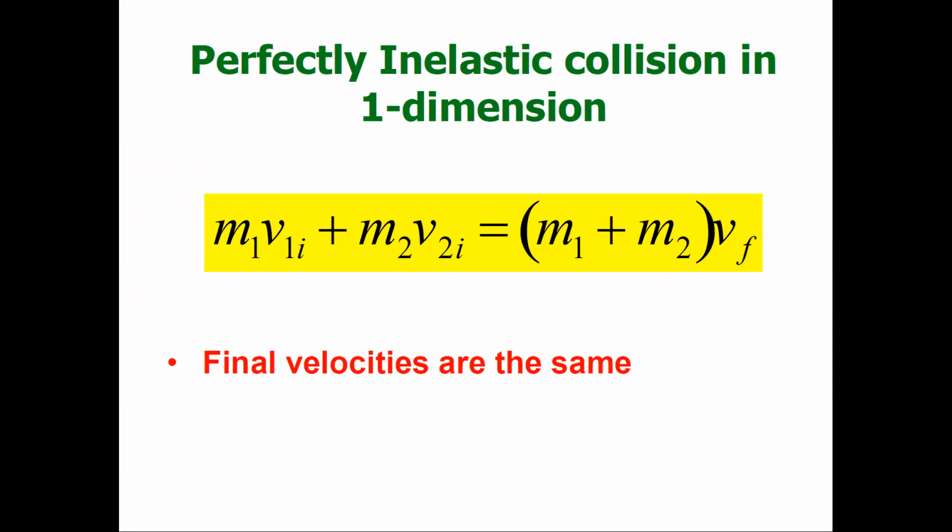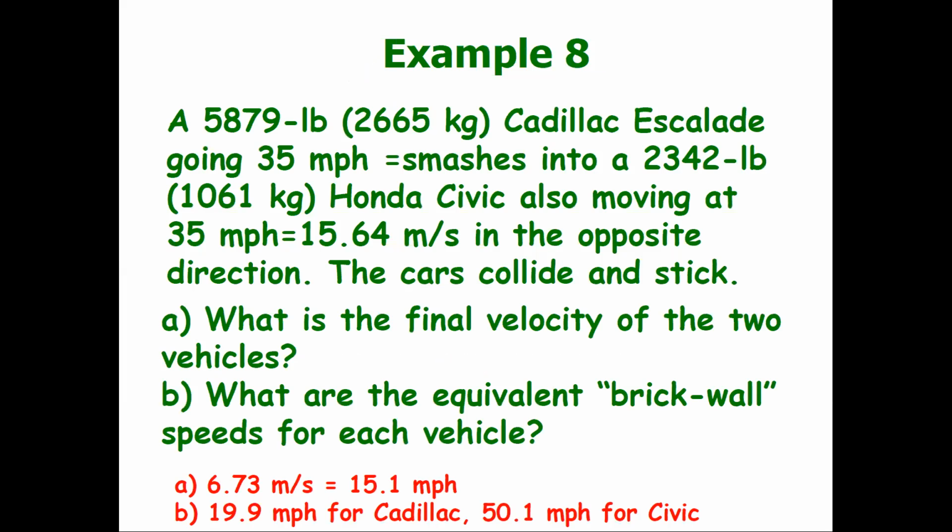Because these two bodies will actually stick. So their total mass will be m1 plus m2, but they will move at the same velocity. That's why we've put it as vf, where I've put in red to say the final velocities are actually the same in inelastic collisions. So that is a simple example that has been given there.